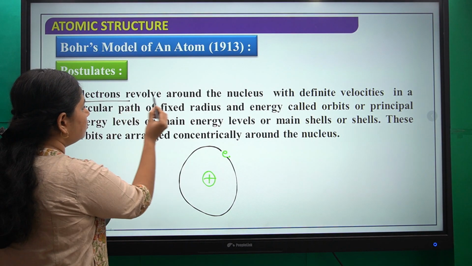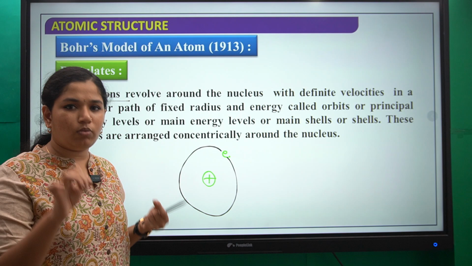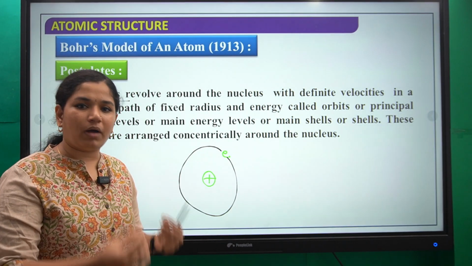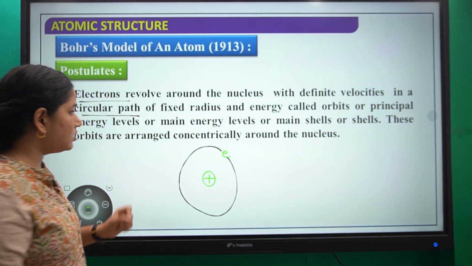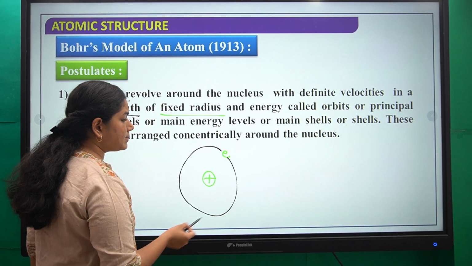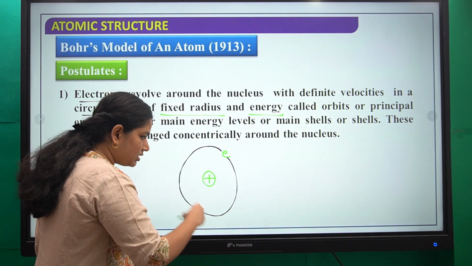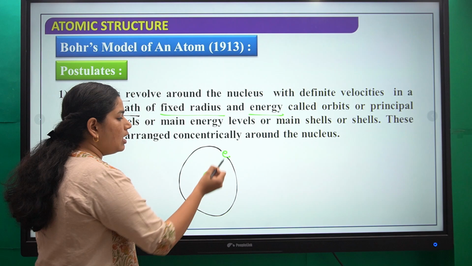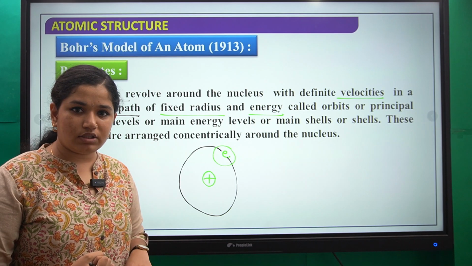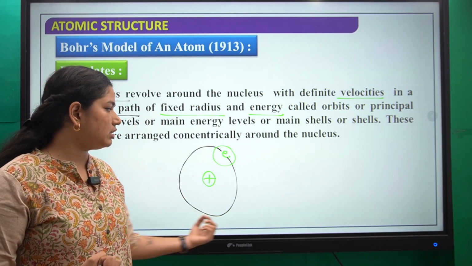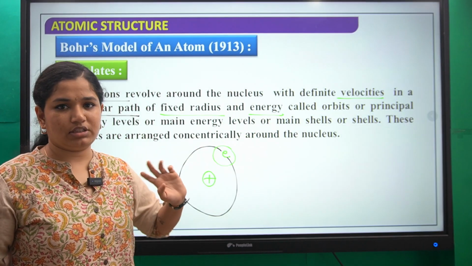Electrons revolve around the nucleus with definite velocities, meaning with a particular velocity they revolve in a certain path, that circular path which has a fixed radius and a fixed energy. We will talk about the radius of that circular path, the energy of the electron, and also its velocity.